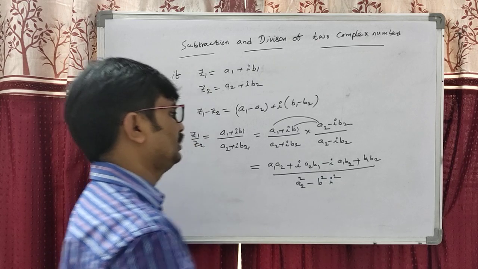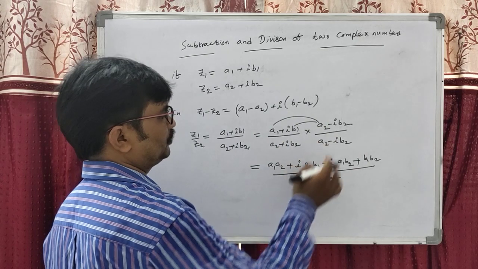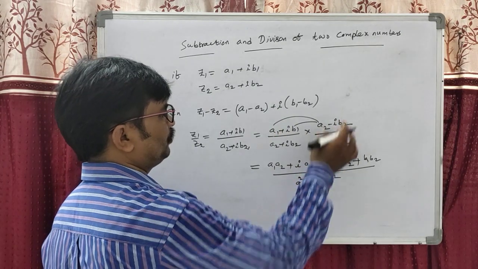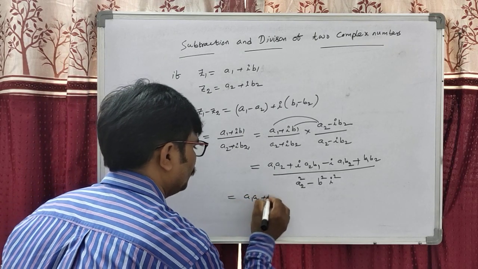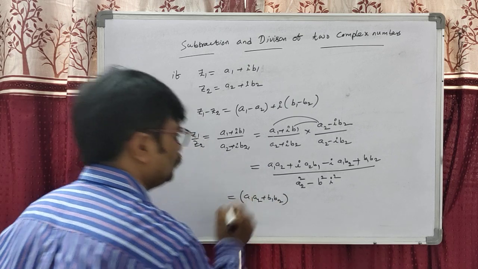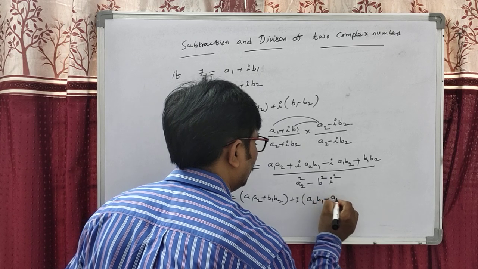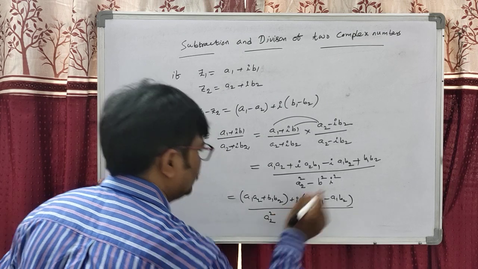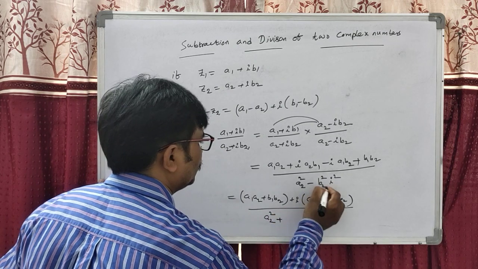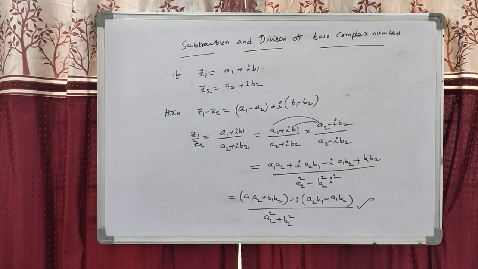So the numerator is a1 a2 plus b1 b2, and i is common, that is a2 b1 minus a1 b2, upon a2 square plus b2 square, since i square is minus. This is the division. Do you understand, students? This is called division.